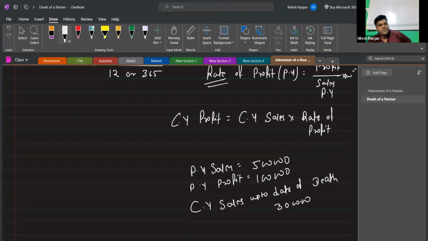What is the rate of profit? You have to calculate. Can you solve it or not?